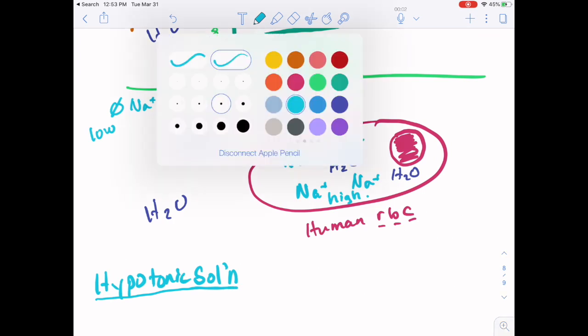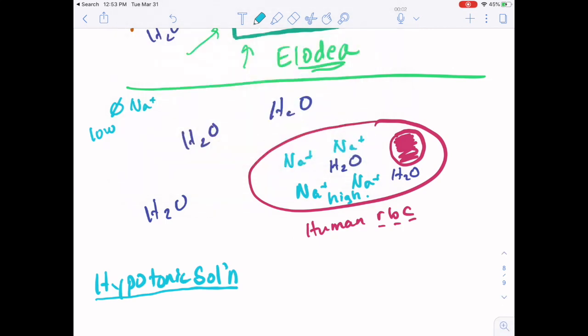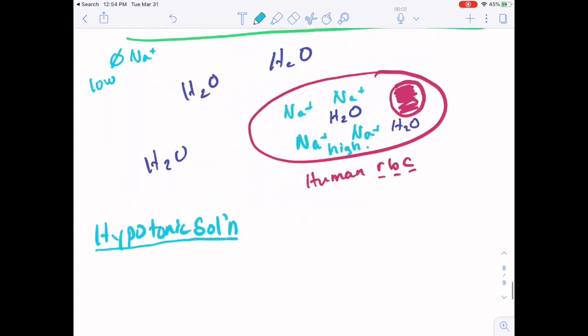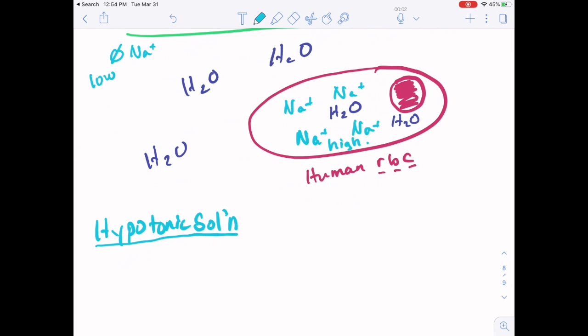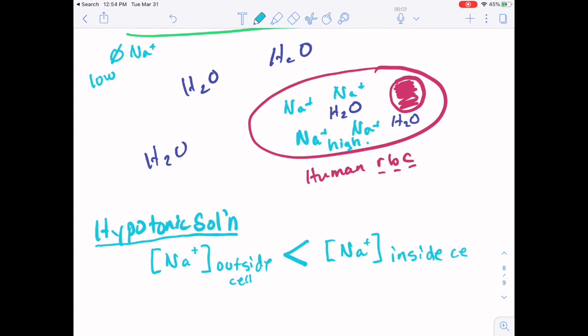Okay, a hypotonic solution is when the sodium concentration outside the cell is less than, lower than the sodium concentration inside the cell.